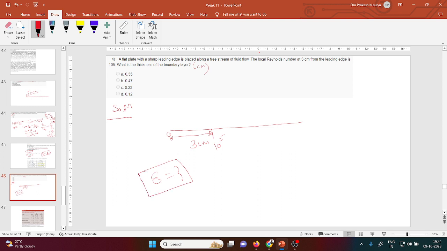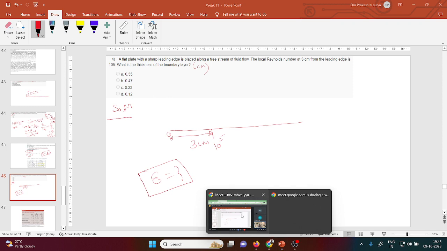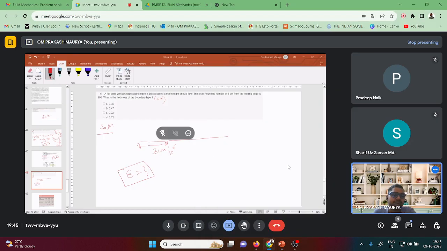Please solve the question within 2 or 3 minutes. Find out the thickness of the boundary layer. Pradeep, this part is covered? Yes, sir, it is covered.